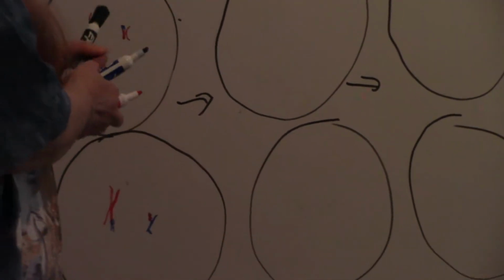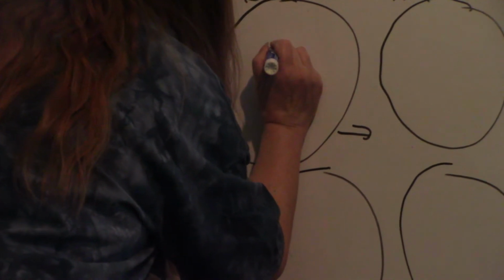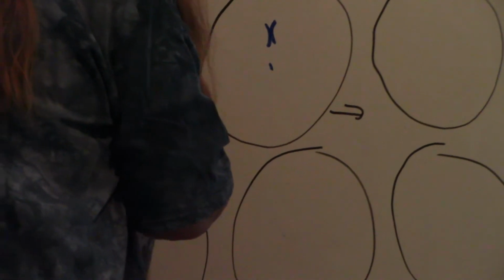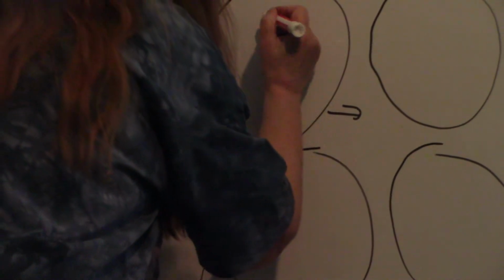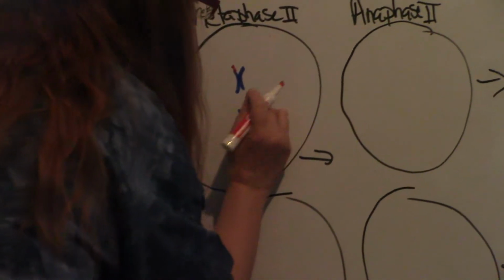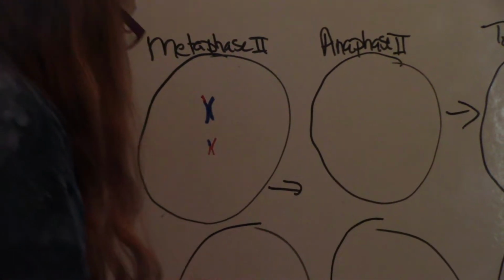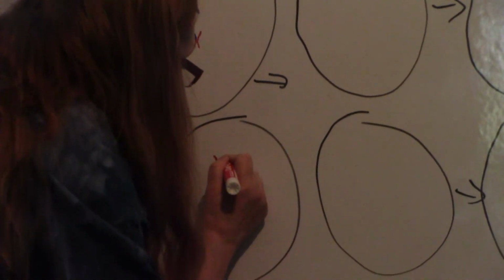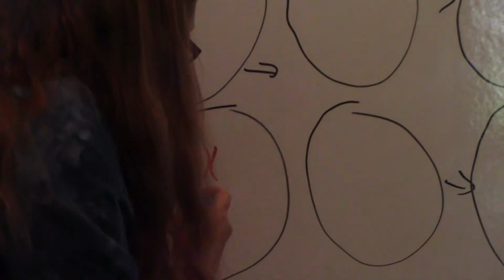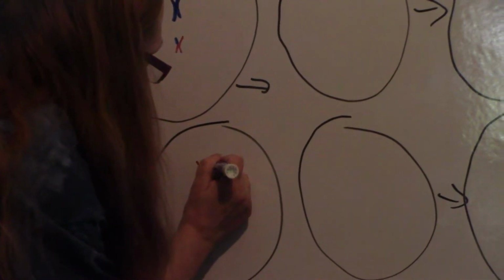So prophase, metaphase, now the sister chromatids are lined up. Shorter. Okay.